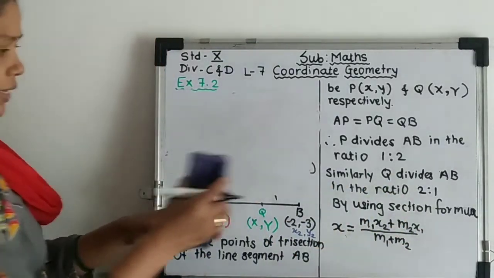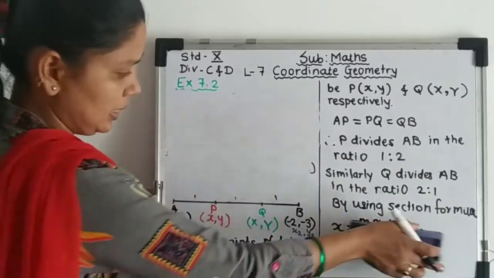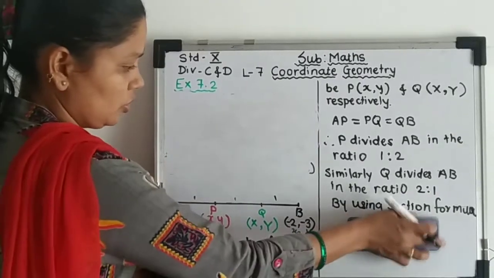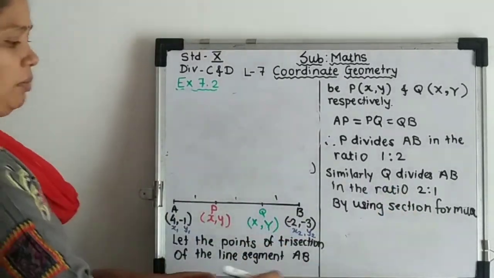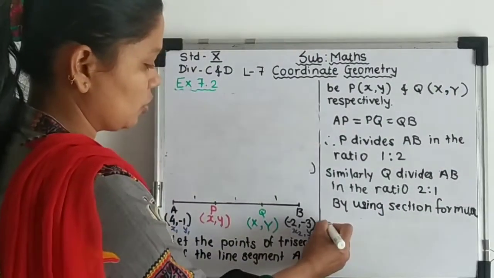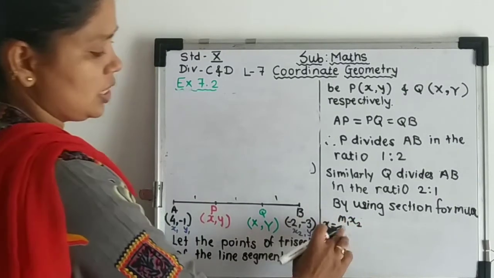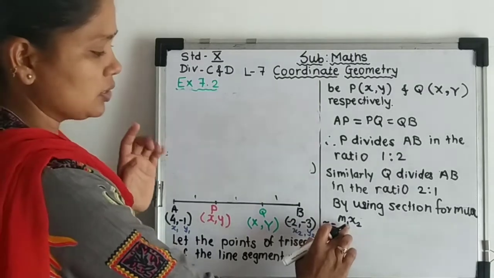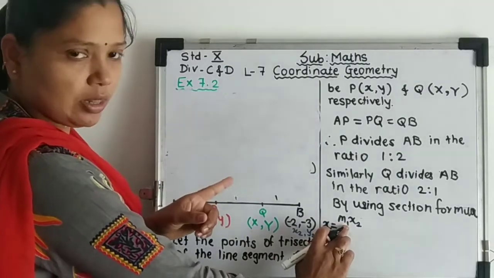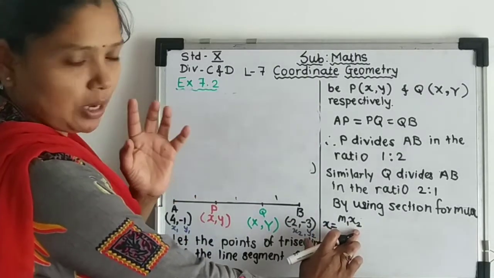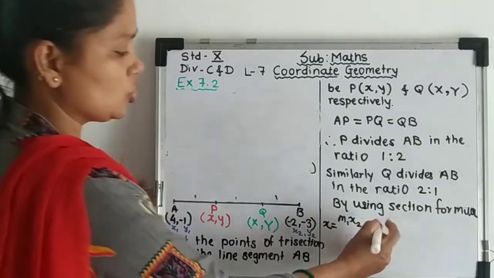I will write y also; slightly shifting to this side so that I am able to write the y coordinate also. So x equals m1 x2. See how to remember this: when we are taking m1, that time we are taking the x2 pair, so m1 and x2 are a pair.